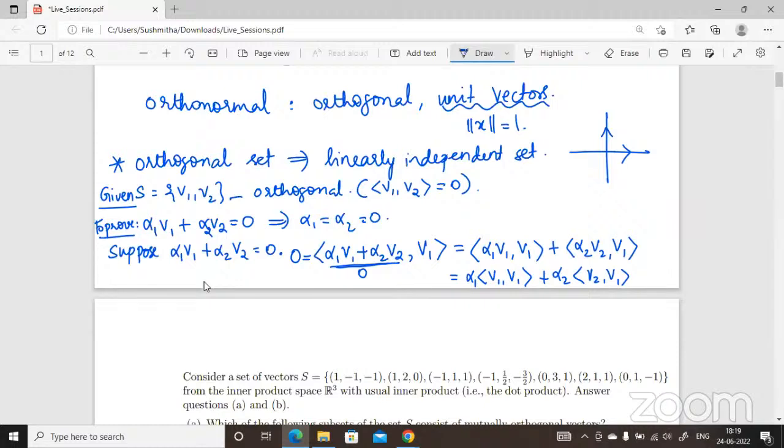I already know v1, v2 is an orthogonal set, so the inner product of v1 with v2 is 0. So this term is 0. So now I have 0 is equal to alpha 1 times v1 with v1. Can I say this implies alpha 1 is equal to 0?